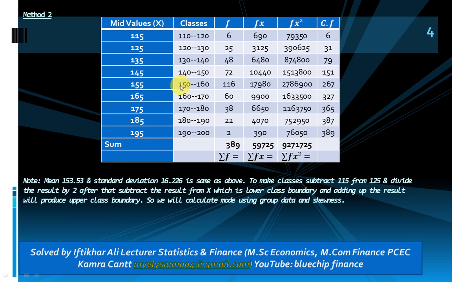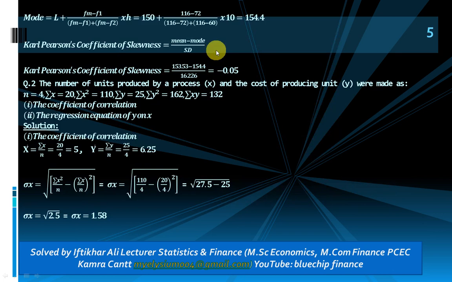So L will be 150, fm will be 116, f1 will be 72, and f2 will be 60, multiplied by h. H is the difference of x values, so the difference is 10. After putting the values in, this is a more accurate form of mode, and that is 154.4. After putting the values into the formula, you can calculate skewness, that will be minus 0.05.